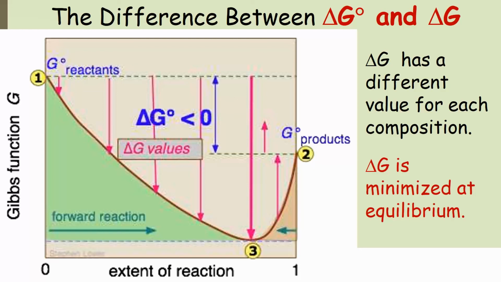These are the values for the change of Gibbs function with the composition. Initially the value is smaller than 0, and simultaneously the values gradually increase. The change of G has a different value for each composition, and the change of G is minimized at equilibrium.